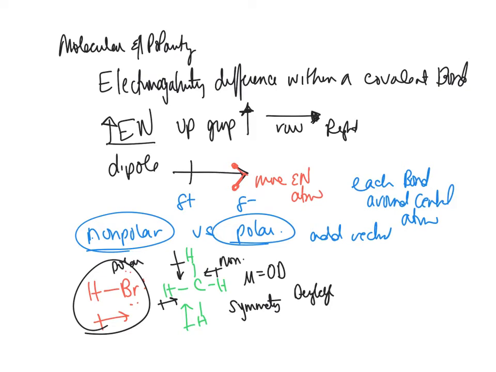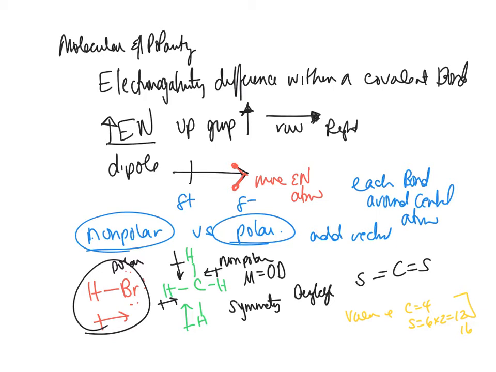So HBr is polar. CH4 would be nonpolar. And then we have CS2. And folks, I'm going to have to add up my total valence electrons. I got carbon is 4, sulfur is 6, there's 2, so that's 12. 12 plus 4 is 16.